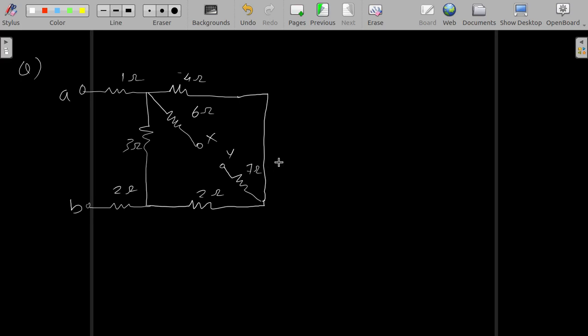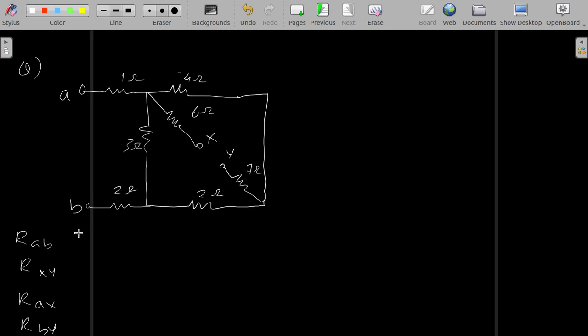So, using this concept of series and parallel resistance that we have seen, let us find out the net resistance across R AB, R XY, R AX, R BY. Okay, so we have to find all these.